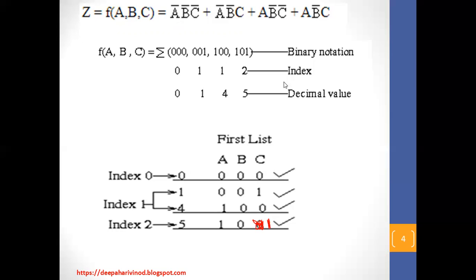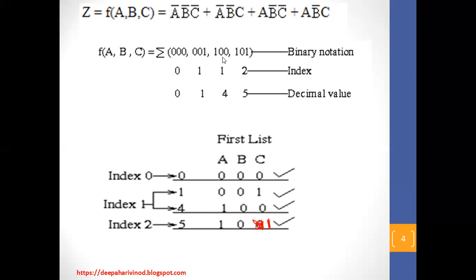Now, index means I have to categorize these into different categories. The combination which doesn't have any ones is index 0. To clarify, in this combination you can see only one binary 1, so this comes under index 1.